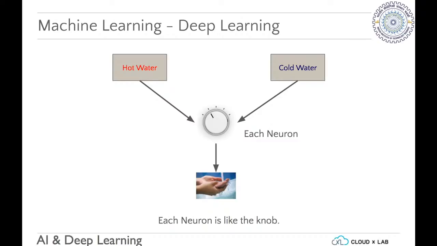Exactly the way you would tweak this knob, the computer algorithm would also tweak this knob. So essentially a neuron is a knob. It gets signal from all the inputs and we keep tweaking it until we start getting good results.